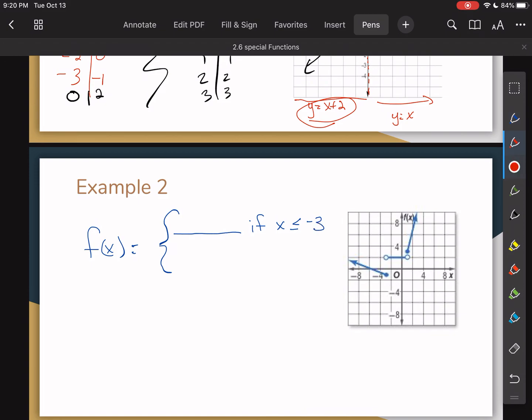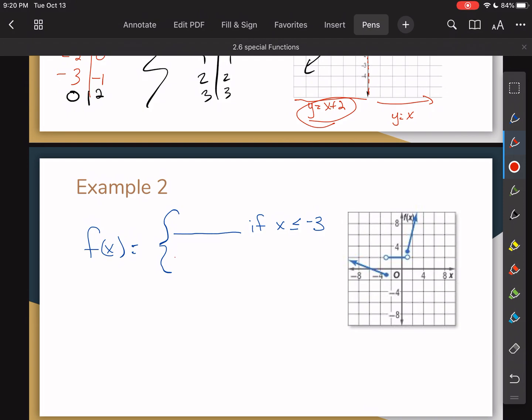How did I get that? Okay, here's how I got that. I want to graph this line when the x value is here at -3 or less. Right? That's what all these x values are. It's -3 or less. Okay, so I'm defining that domain.